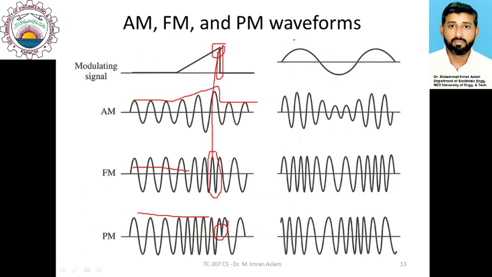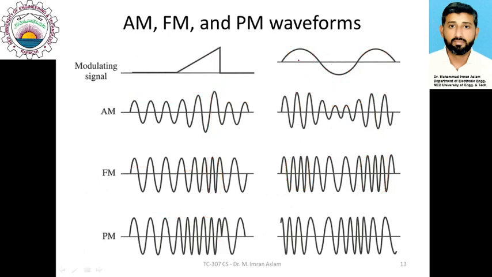Similar observation can be seen from this sinusoidal modulating signal. You can see that for amplitude modulation, the carrier amplitude is changing in accordance with the message signal, whereas for frequency modulation, the larger amplitudes are related to a relatively fast variation in the signal, that is a relatively high frequency, whereas this negative amplitude represents the slow variation, that is the low frequency in the modulated signal.